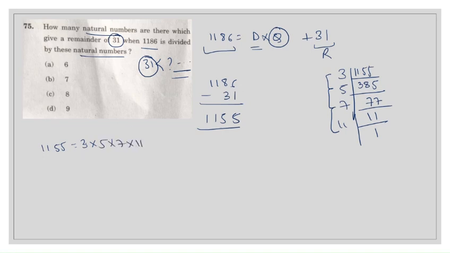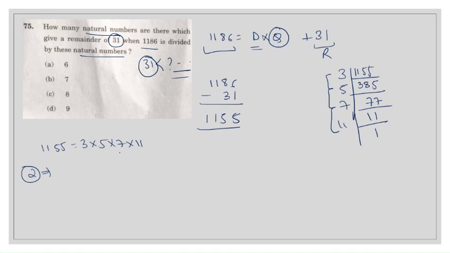Now if we multiply 3 with 5, we receive 15, and 15 is smaller than 31, so this option is cancelled. First we'll try to multiply just two numbers, because no single number is greater than 31. 3 into 7 is 21.